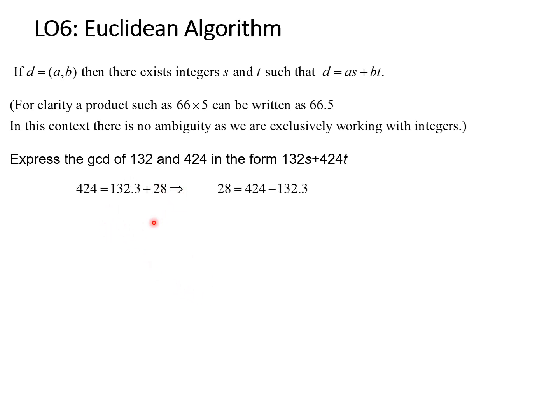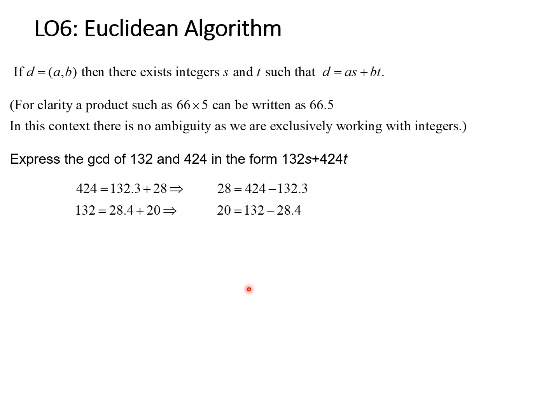Okay, so from the previous working, we have got 424 equals 132 times 3 plus 28. And then what we do is, for each line that we calculated in the previous slide, we're going to make the remainder the subject of the equation. So it's 28 equals 424 take away 132 times 3.